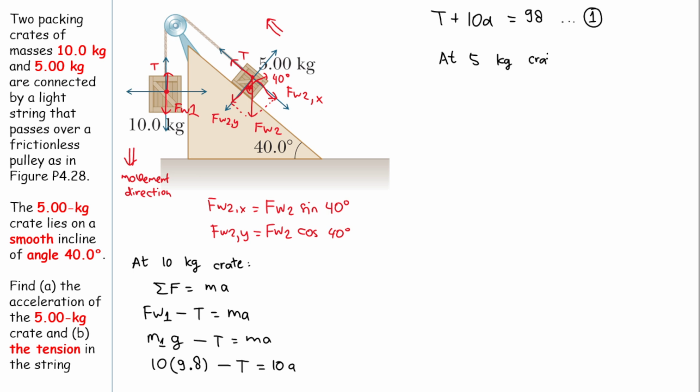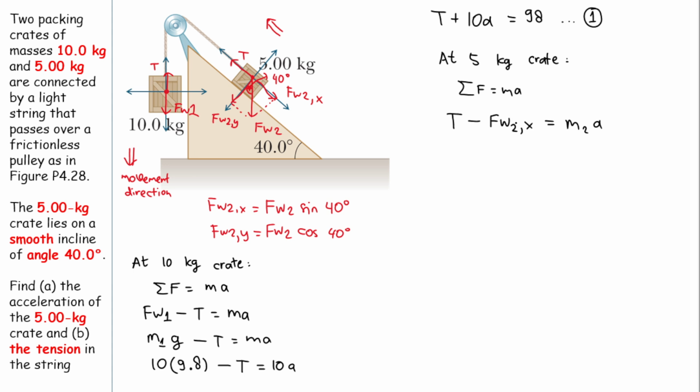We can also use Newton's second law. Sigma F is equal to the mass times acceleration. Okay, remember that this crate moves upward, so the positive direction is here. We will have T and then minus FW2, x, and that will equal the mass of crate number 2 times the acceleration here.